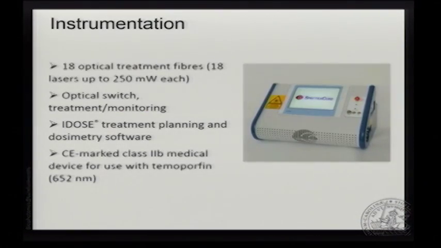This is a system with 18 fibers, 250 milliwatts per fiber that we can deliver. We have an optical switch we can turn on and off to do the measurements in between. We have developed a treatment planning system, and this is a CE-marked system for Foscan right now.